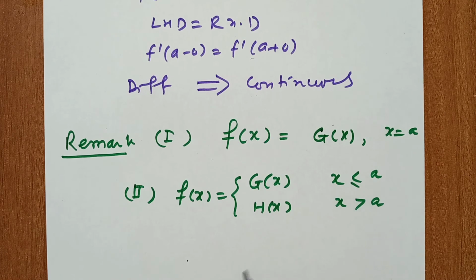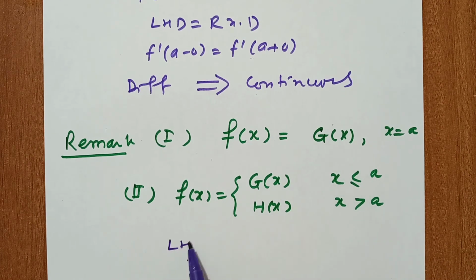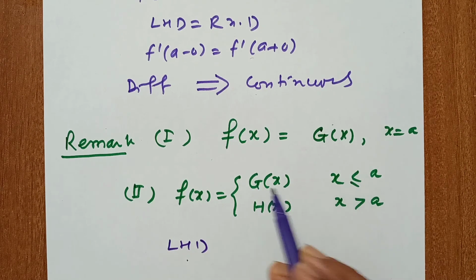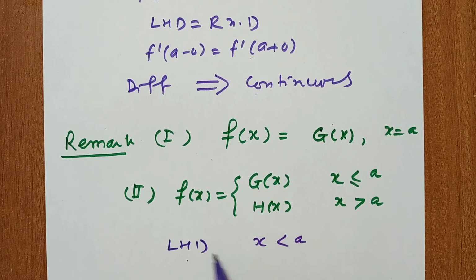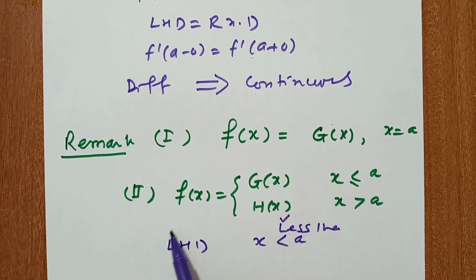So in this type of question, in case of left hand derivative, we will calculate the value of g(x), that is when x is less than a. This is L, less than, so you take the left hand derivative.